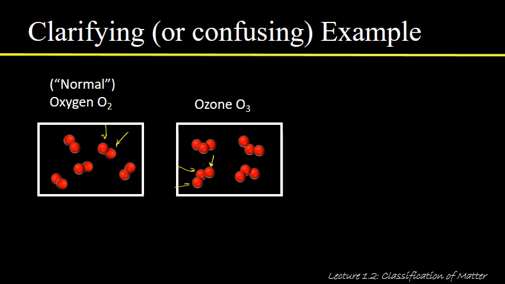To see if something is a pure substance or a mixture, we look at the ultimate particles. If all of the ultimate particles are the same, then it's a pure substance. If the ultimate particles are different, then it is a mixture. Right?